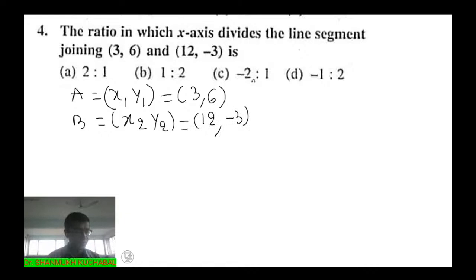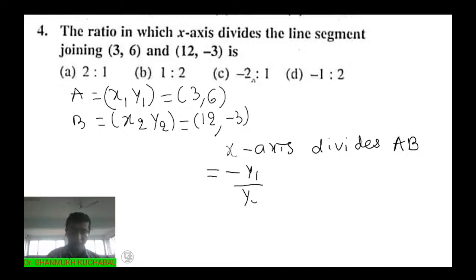For the x-axis, the y coordinate we have to take as 0, therefore the ratio in which the x-axis divides AB is given by minus y1 by y2.